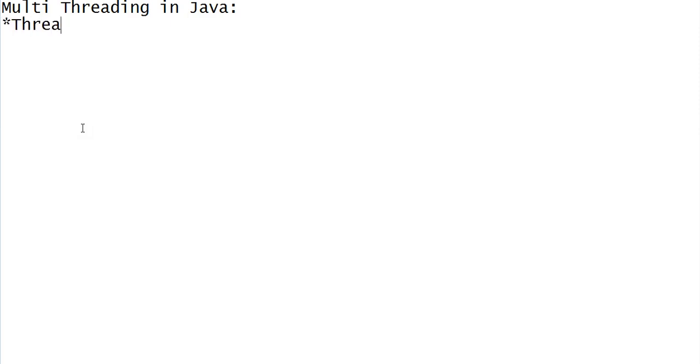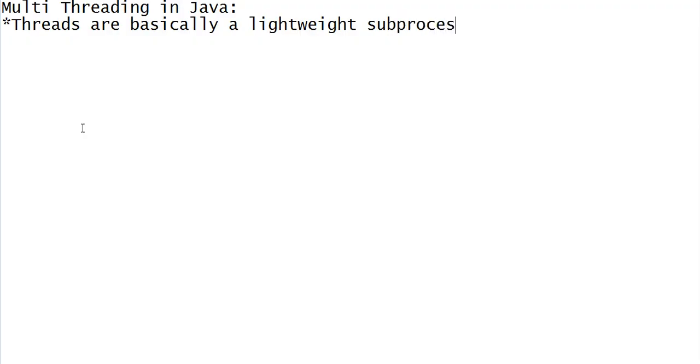So threads are basically a lightweight subprocess. Threads are lightweight subprocesses.